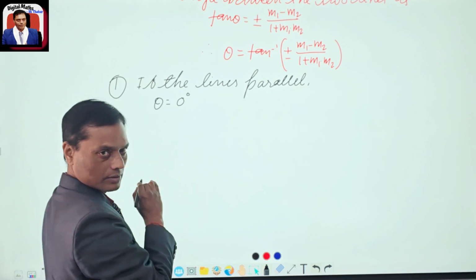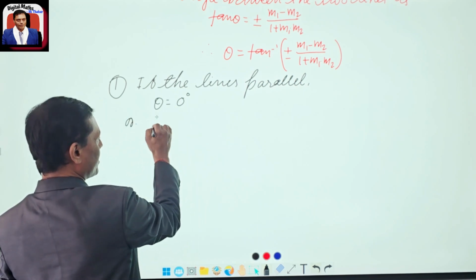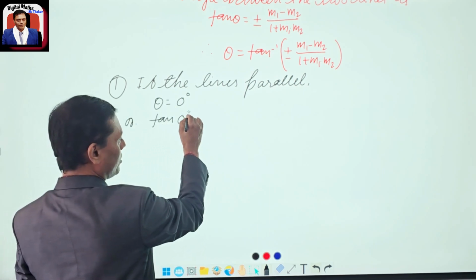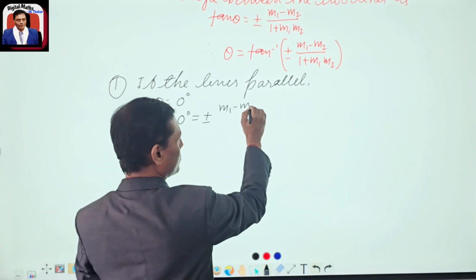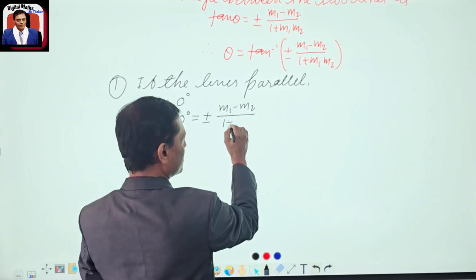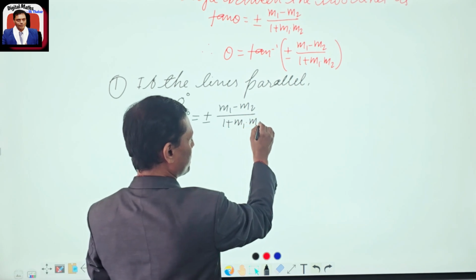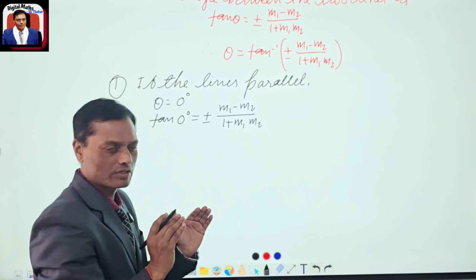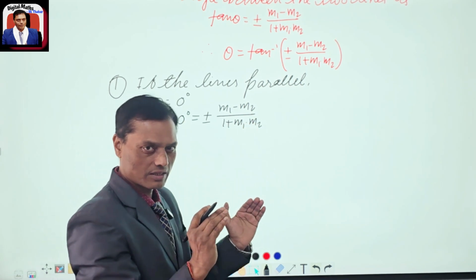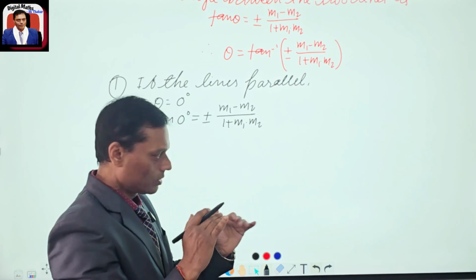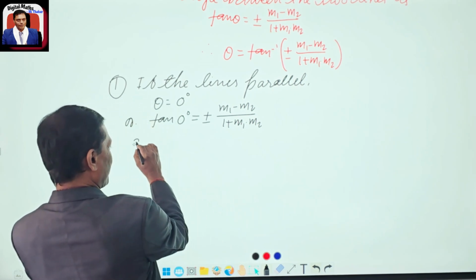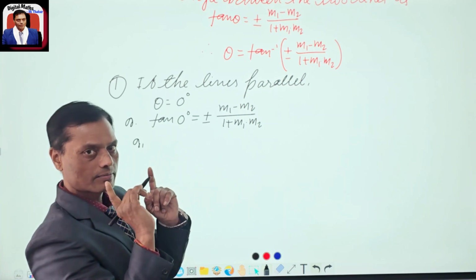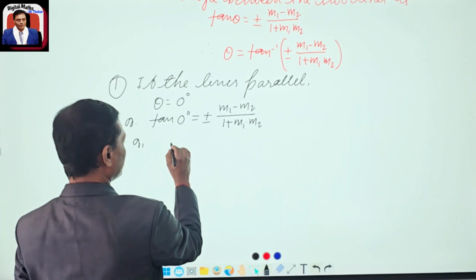We can write tan 0 degree equals plus minus (m1 minus m2) over (1 plus m1 dot m2). No need to write plus minus, because 0 degree is an acute angle, less than 90 degrees. The value of tan 0 degree is 0.